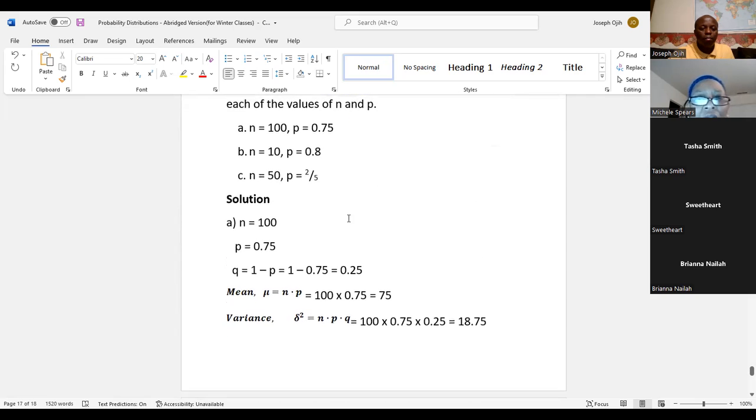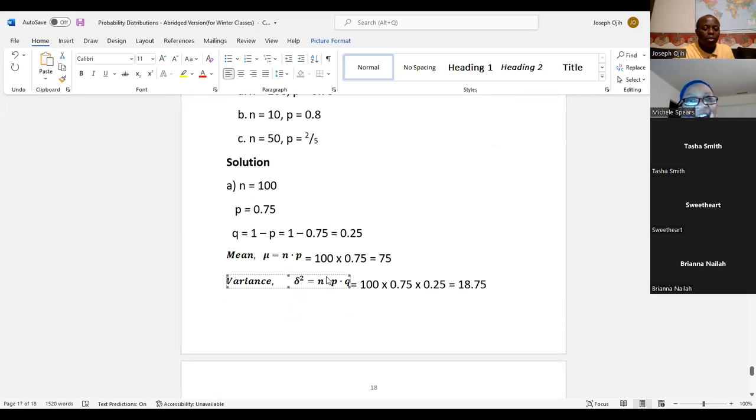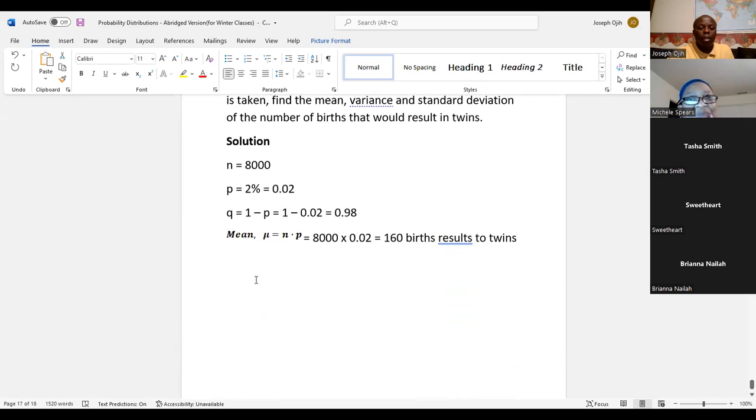The variance is the same formula, n times p times q. N is 8,000, p is 0.02, and q is 0.98, right?